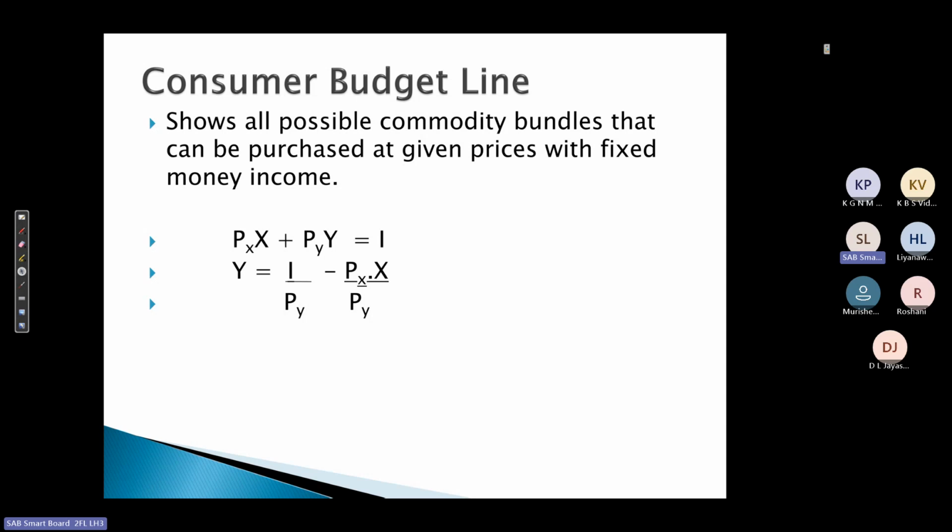I over PY is the intersection point on the Y-axis, and then PX over PY into X. If you take Y to one side and express the equation, you get the second expression. So what is PX over PY?